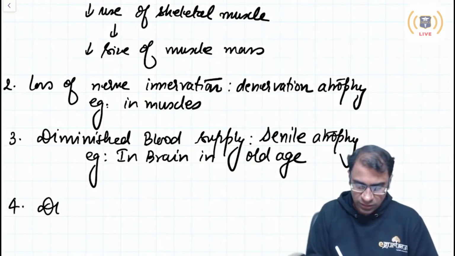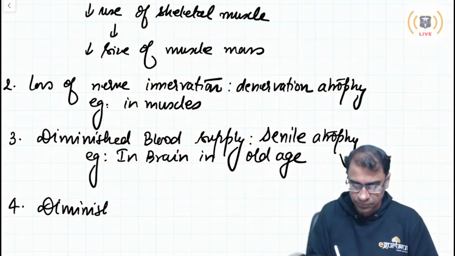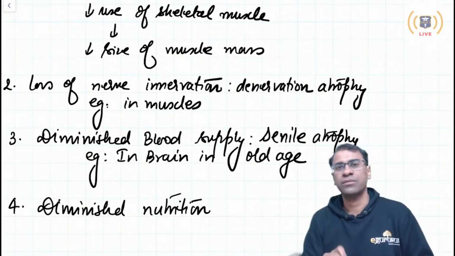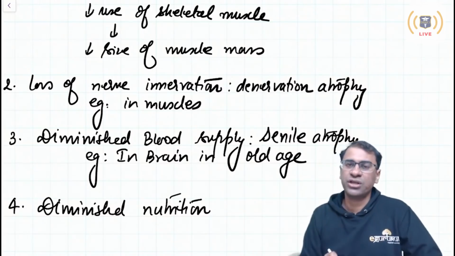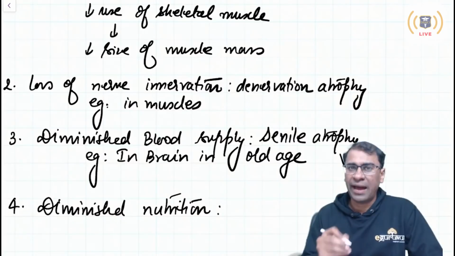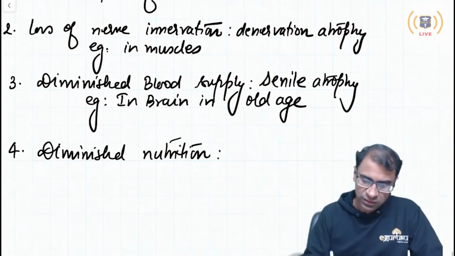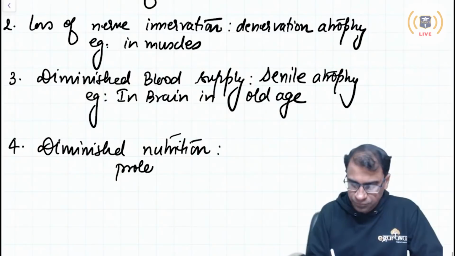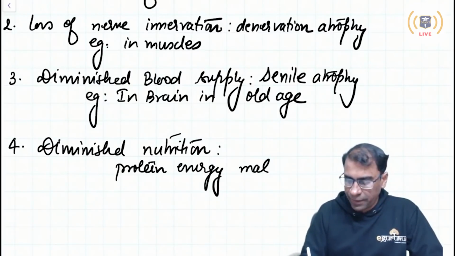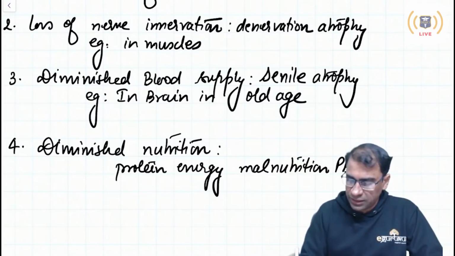The fourth one is diminished nutrition. The diminished amount of nutrition occurs because of protein energy malnutrition, referred to as PEM.